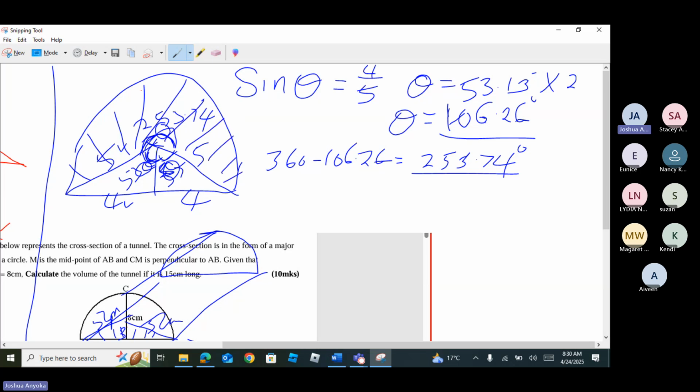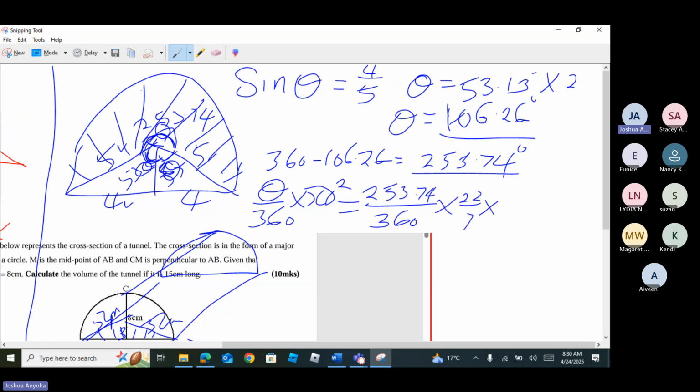So we work out the area of a sector, which is theta over 360 times pi r squared. So our theta is 253.74 over 360 times 22/7 times radius squared, 5 squared.